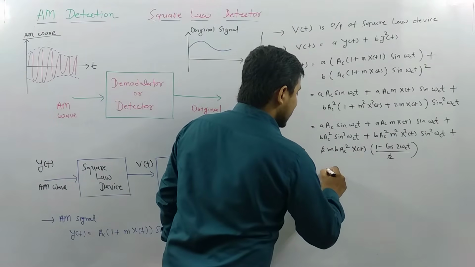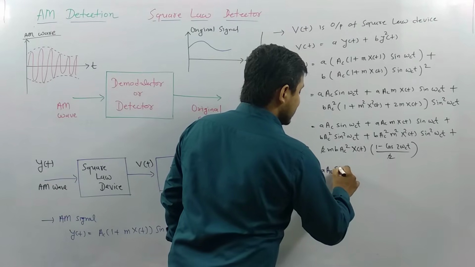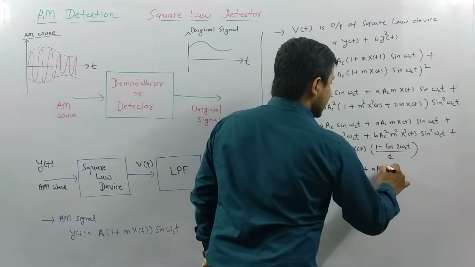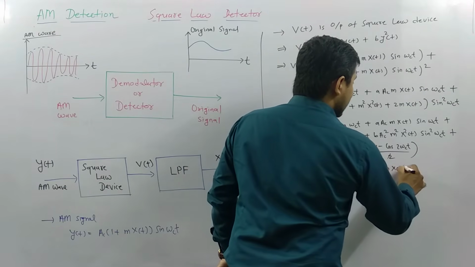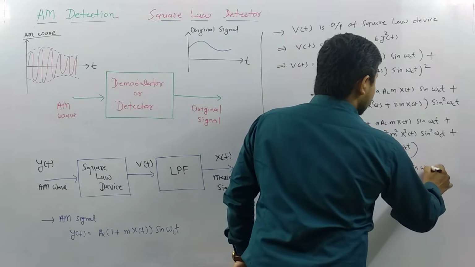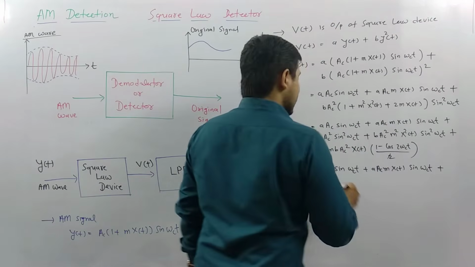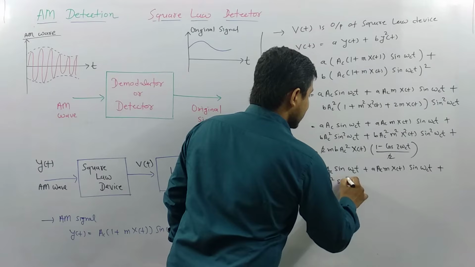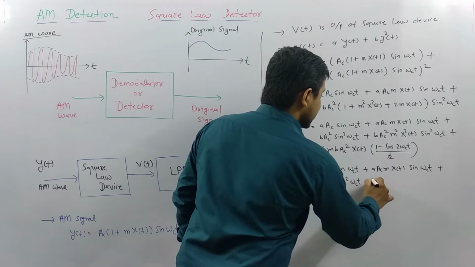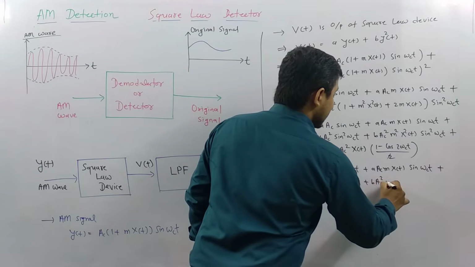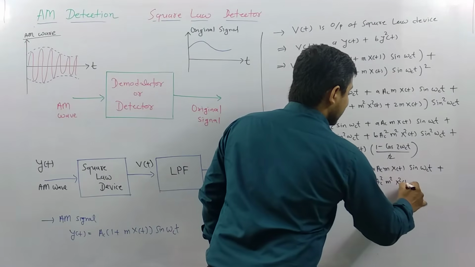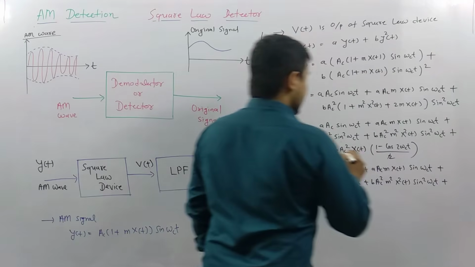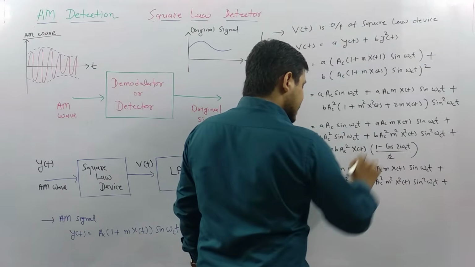So that will be A_c sin ω_ct plus m A_c x(t) sin ω_ct plus B A_c² sin² ω_ct plus B A_c² m² x²(t) sin² ω_ct plus, now see there are two terms here.